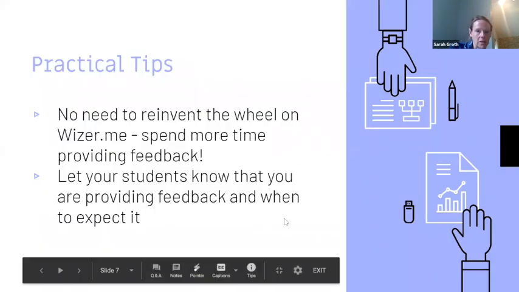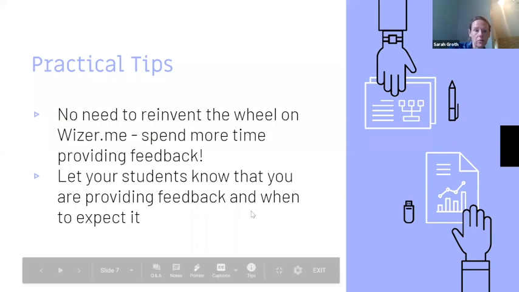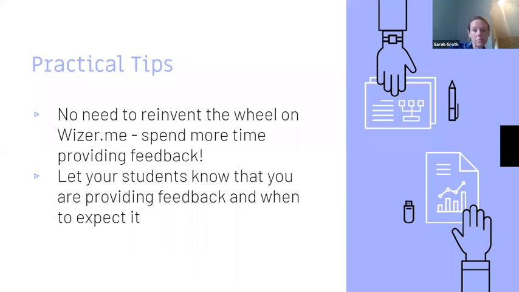Going on to practical tips. One thing that's nice is there's no need to reinvent the wheel on Wiser Me. So you can spend more time providing feedback. You can pick up a worksheet that another teacher has created that's probably very appropriate for your class, maybe edit it really quickly, run through it, make sure it works for your class, and then you can spend more time providing feedback.